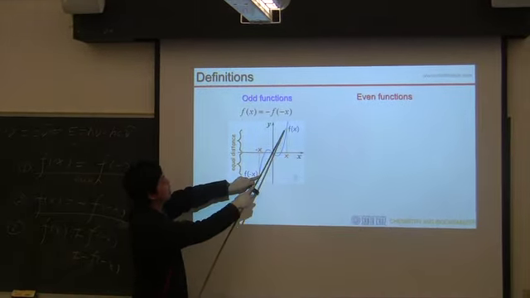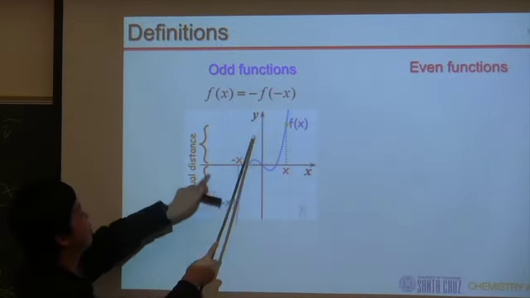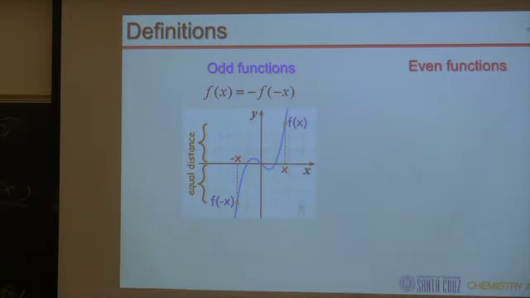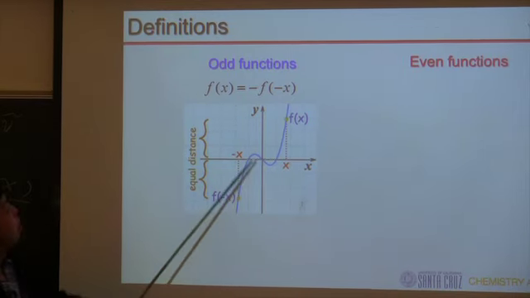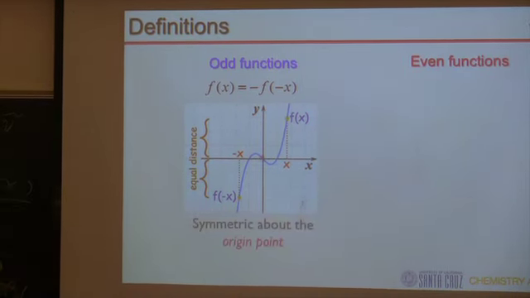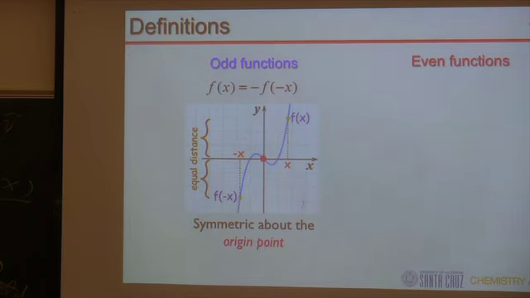Because of the figure, they actually have different sign, but with the same magnitude. So we say the plot of the odd function is symmetric about the origin. It's just point symmetry.